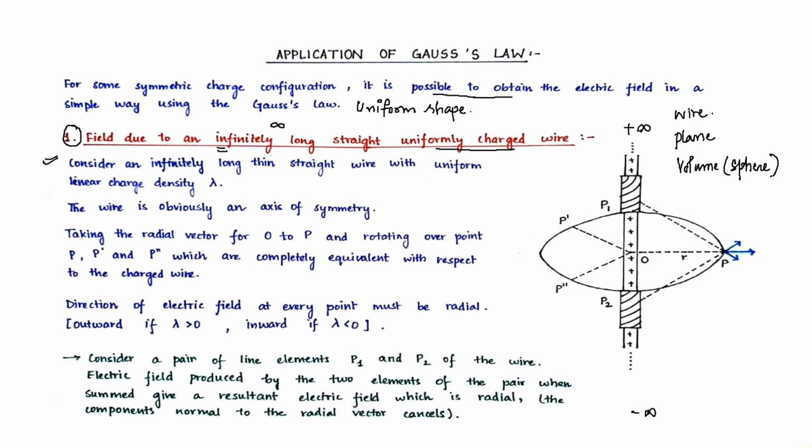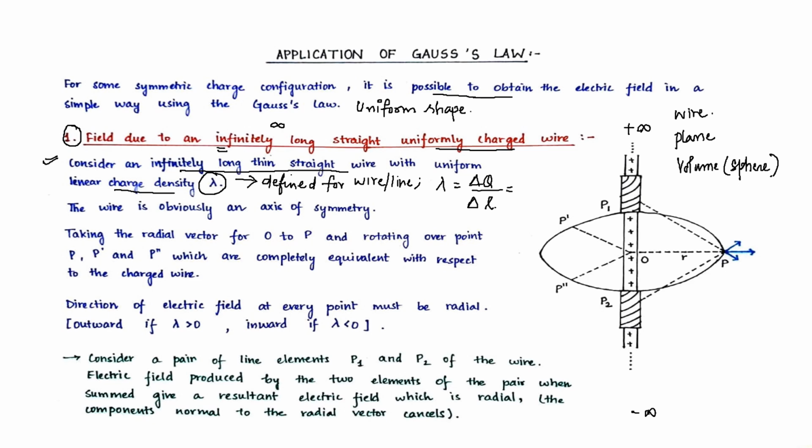Now consider an infinitely long, thin straight wire with uniform linear charge density lambda. Charge density lambda is defined for wires, for a straight line, and it is defined as lambda equals small q contained in a small part of the length of the wire.